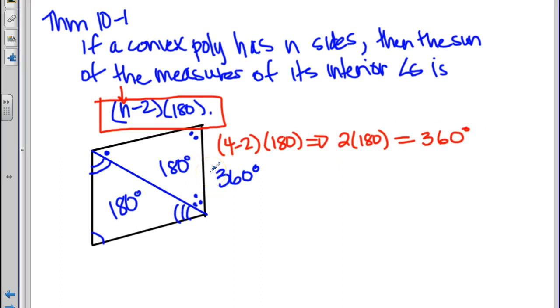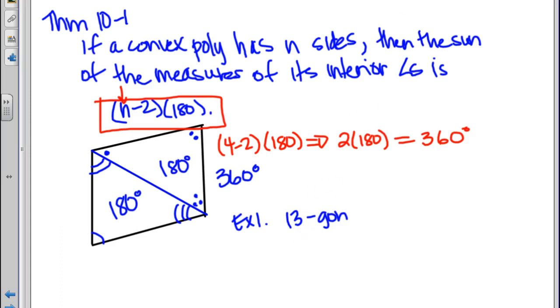So yes, you could draw the picture every time, but if you're given a number of sides, let's say we have a 13-sided figure, a 13-gon, I really don't want to draw 13 sides, draw the diagonals, count them, or count the number of degrees in each triangle.